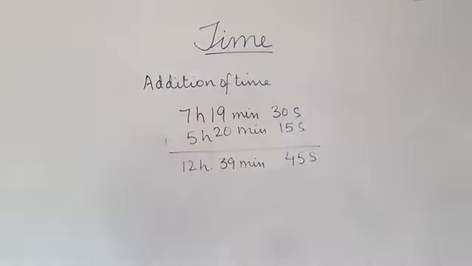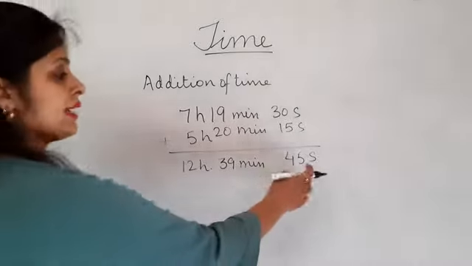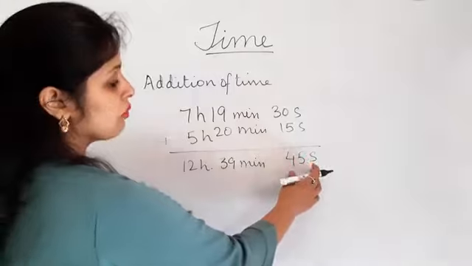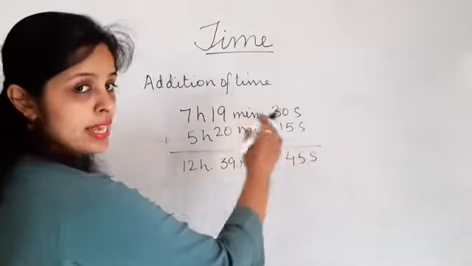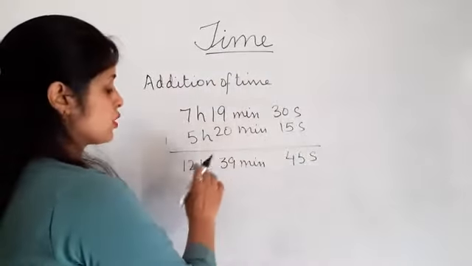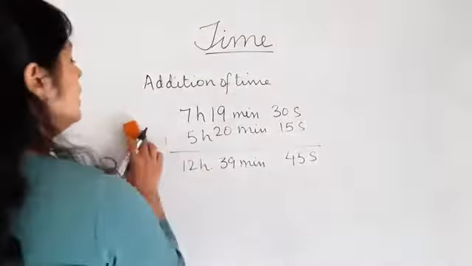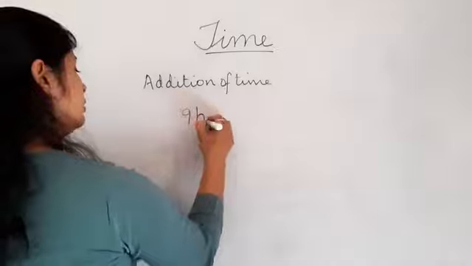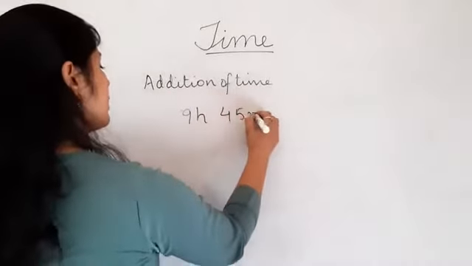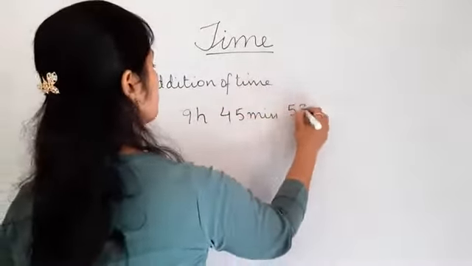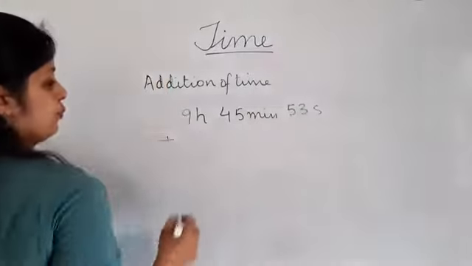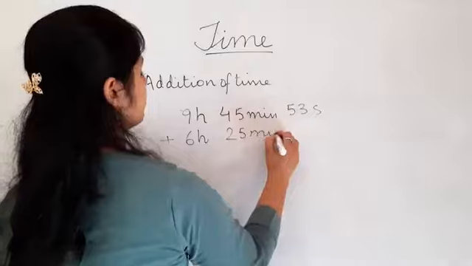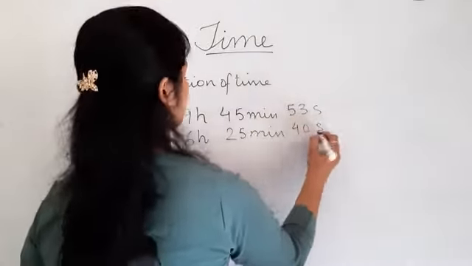But if we are having seconds more than 60 or minutes more than 60, we'll convert seconds to minutes and minutes to hours. How will we do that? Let me explain. 9 hours 45 minutes 53 seconds added to 6 hours 25 minutes 40 seconds.